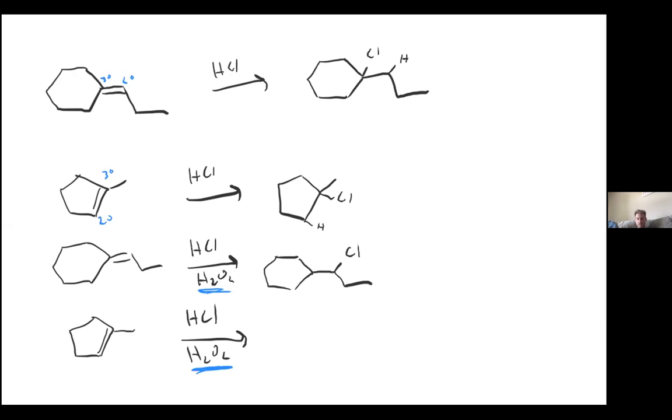So we're going to end up with our Cl at this less substituted position. And then for this last one, same thing. Our Cl is going to end up on that secondary position. Any questions on these ones?